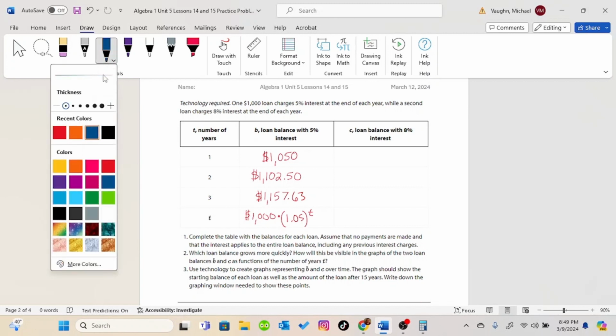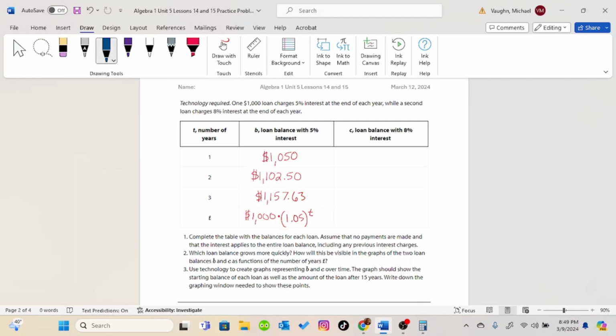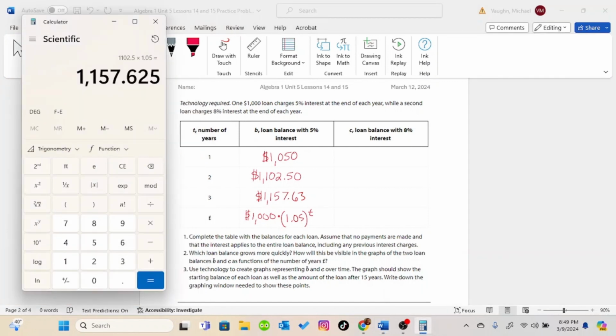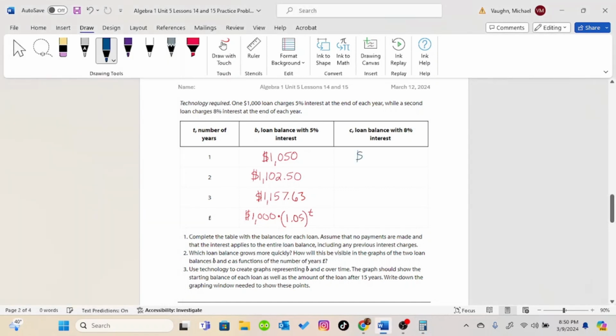Now we'll do it with an 8% interest rate. We have $1,000 times 1.08, and at the end of the first year, you owe $1,080. So we can see that that extra 3% after 1 year costs us an extra $30.